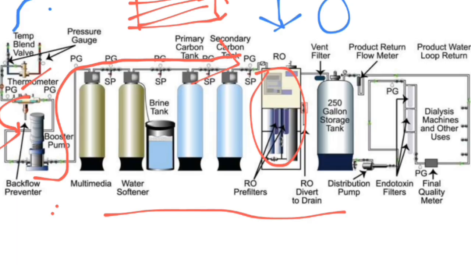There are a lot of filters, 1, 2, 3, 4, and we have to know all of those filters. So we start our class on the RO plant.